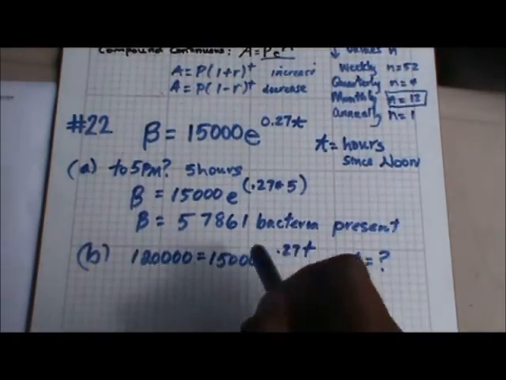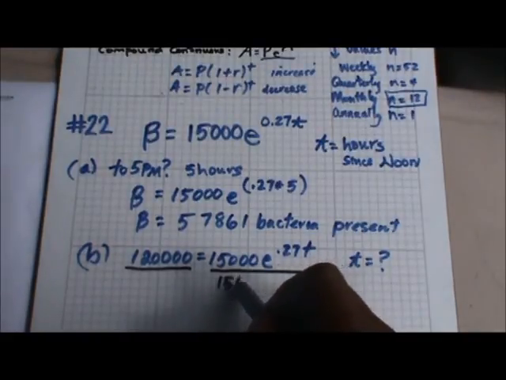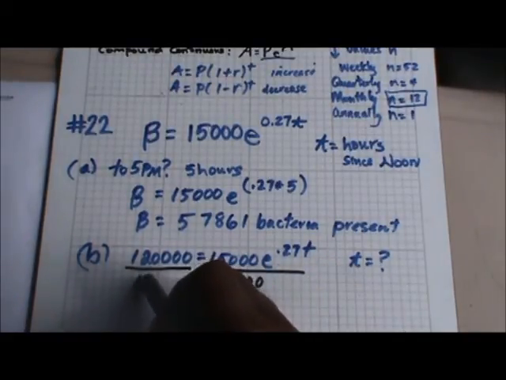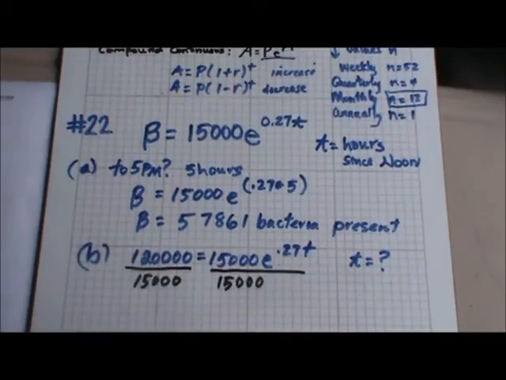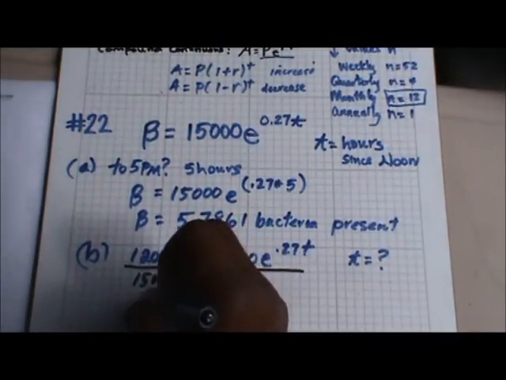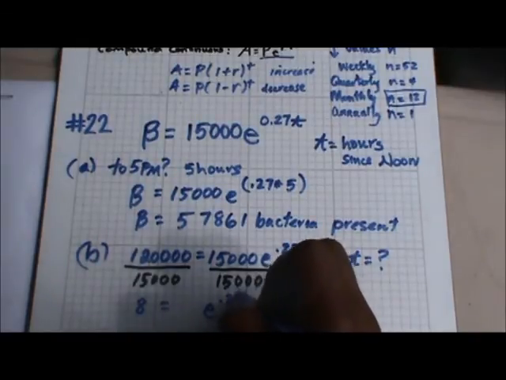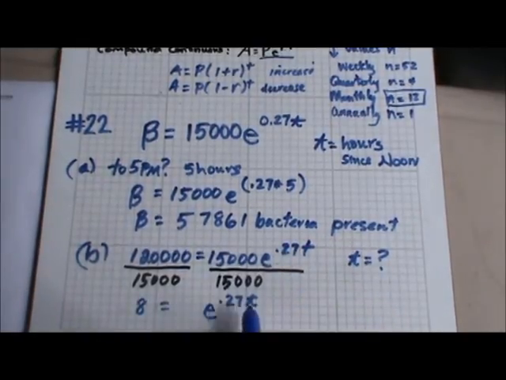We're trying to solve for T, so we divide both sides by 15,000. 120,000 divided by 15,000 gives us 8 on the left side. 8 is equal to E to the 0.27 T.